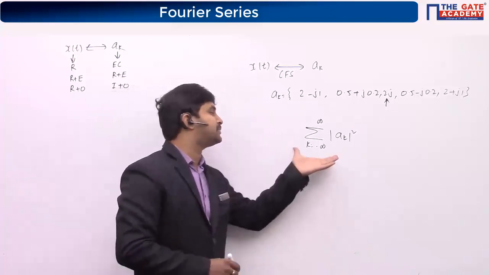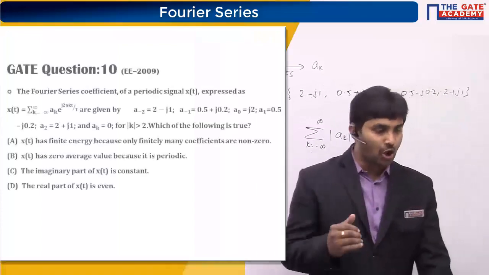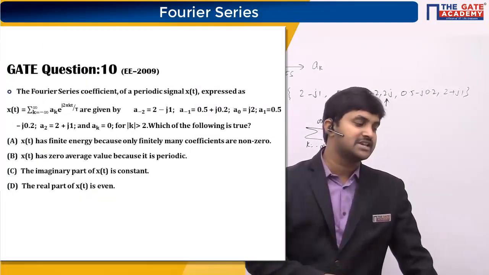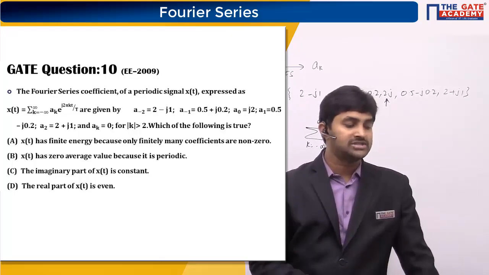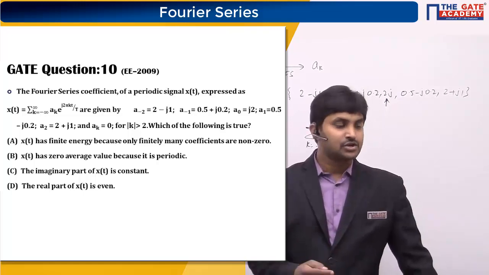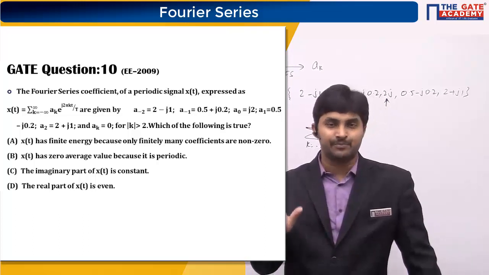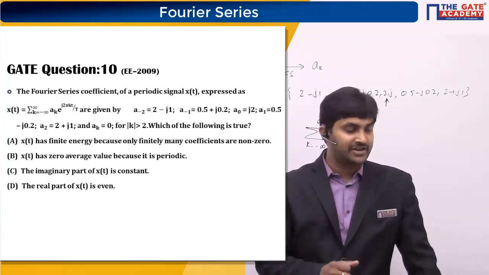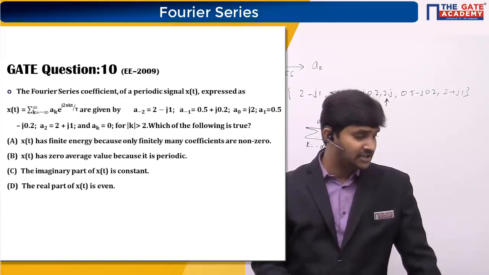Which means the first statement is wrong. The second statement says that x of t has zero average value because it is periodic. That statement is not correct, as there is no dependency between average value and periodicity, which means the second option is also incorrect.